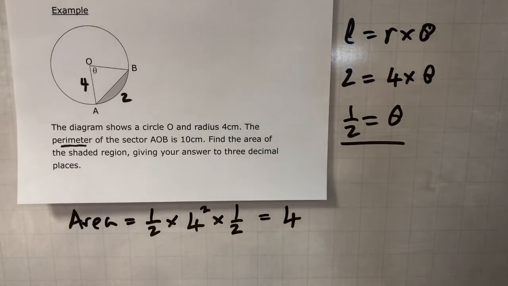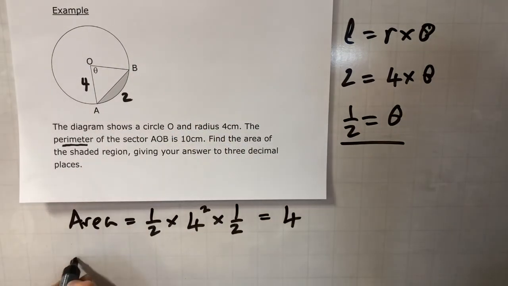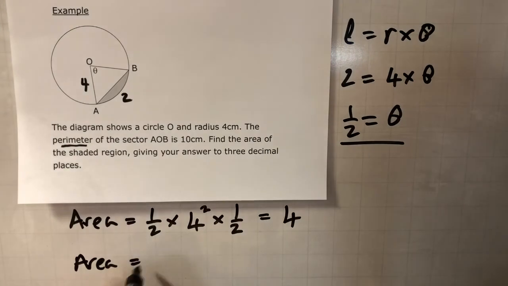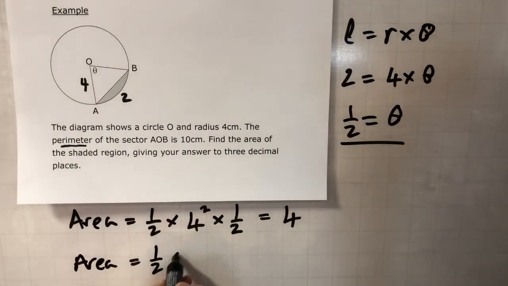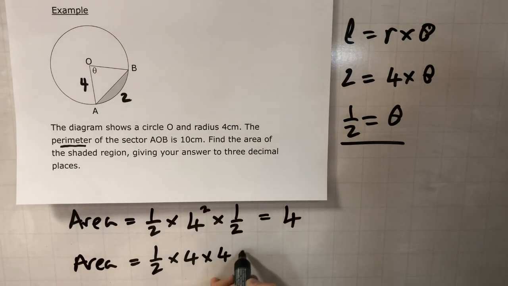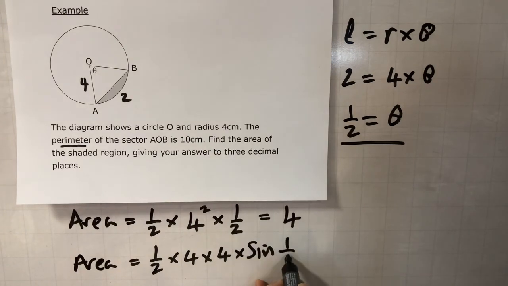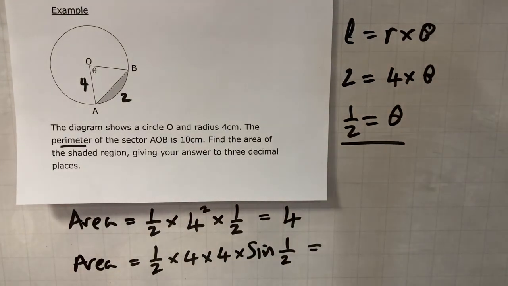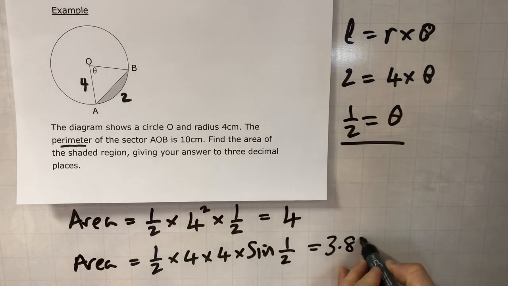To find the area of the triangle, I use a half AB sine C. Now my calculator is still set in radian mode, so therefore I'm fine to just type that in. A half times 4 times 4 times the sine of a half equals 3.83, etc.